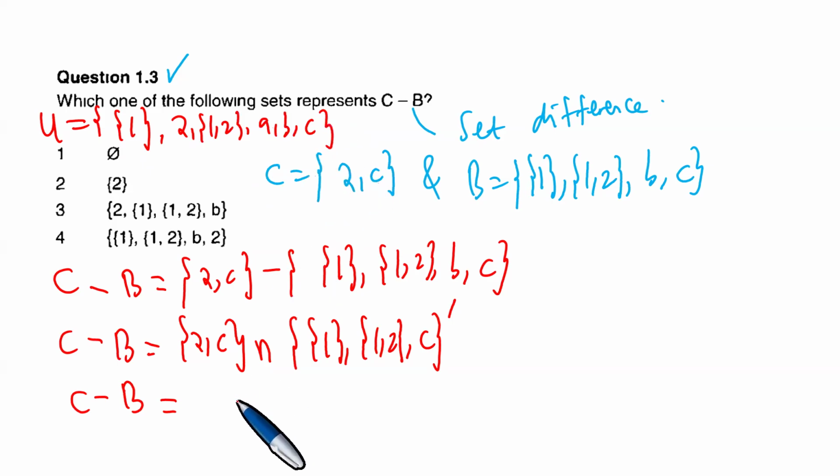So if we want to take the complement of this set, which is the complement of the set B, we're therefore going to have 2, C intersection.